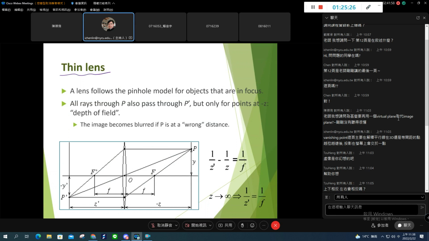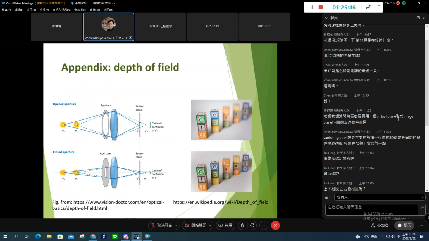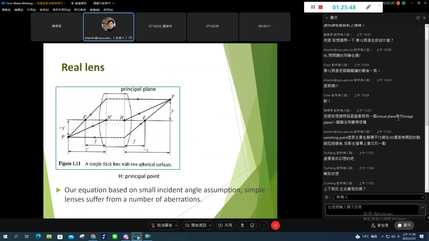This one is supposed to be taught in junior high school or high school. So how do we define thin? What is a thin or a thick lens? For instance, this one is a thick lens. Let's depend on the ratio.